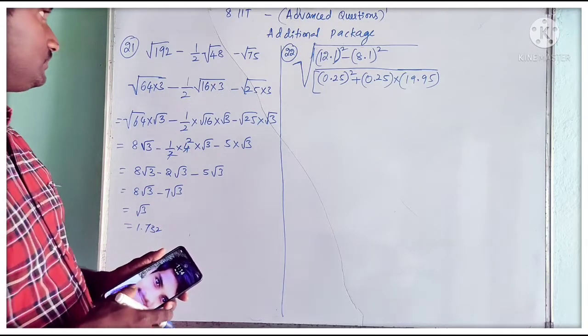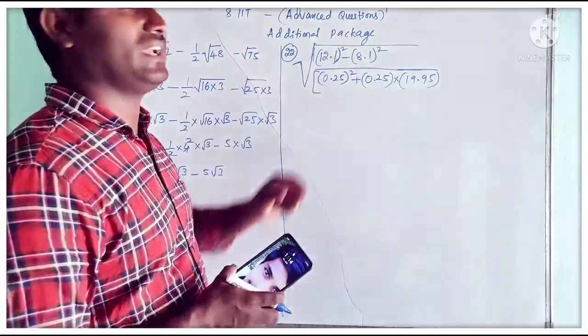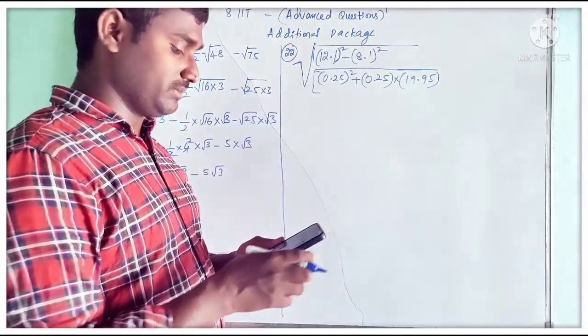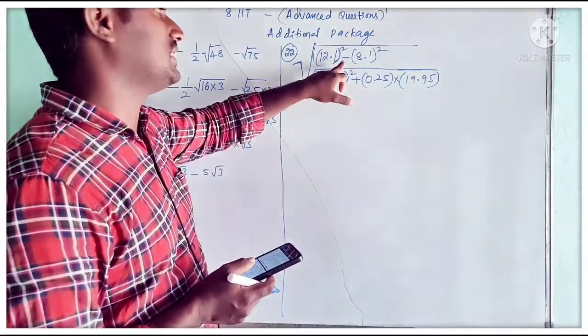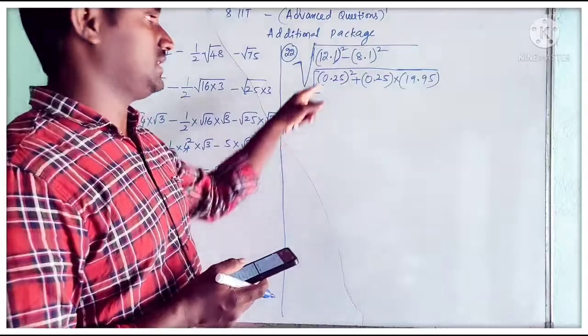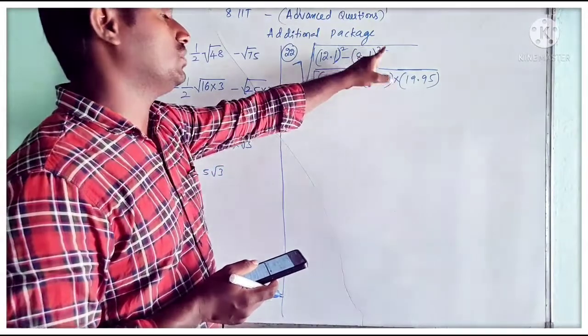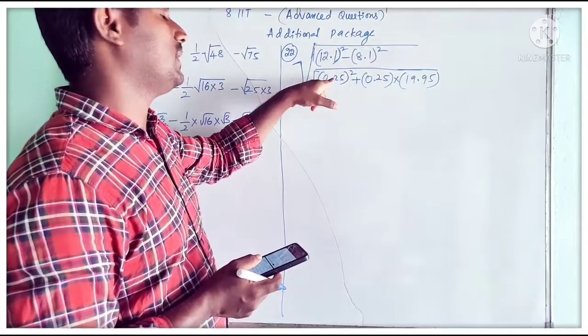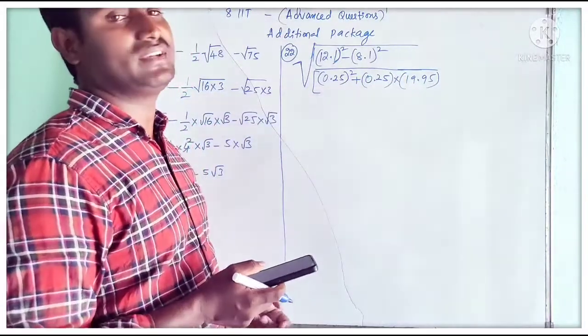Next question. Okay, question number 22. We need to simplify. The given question we can write in this manner also: 12.1 whole square minus 8.1 whole square, divided by 0.25 whole square plus 0.25 into 19.95.